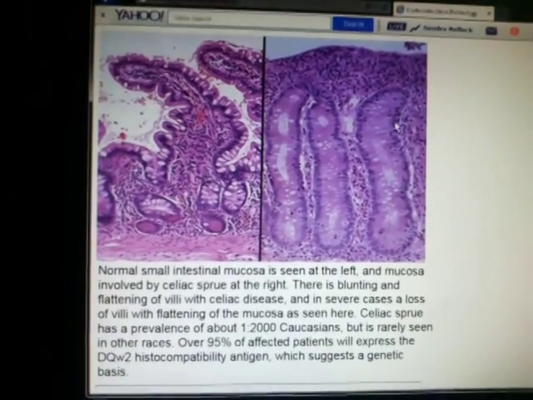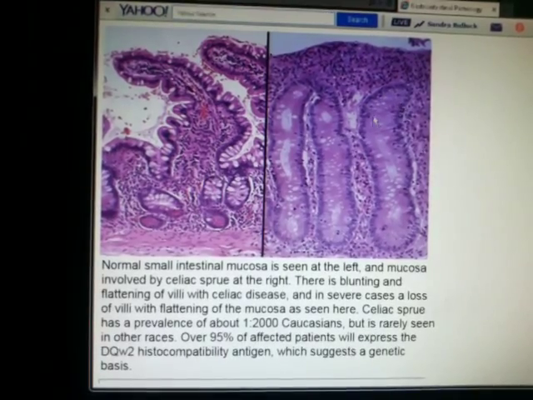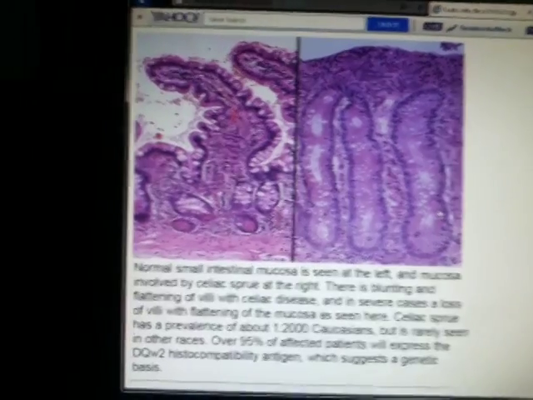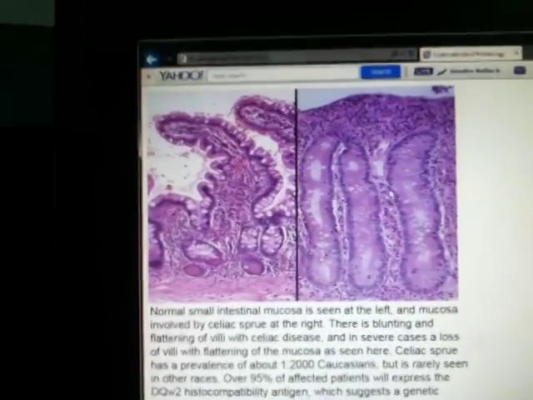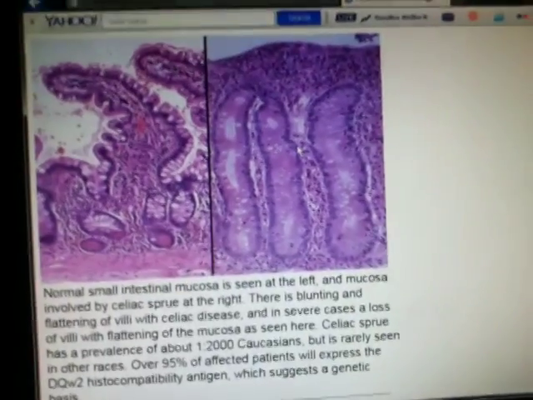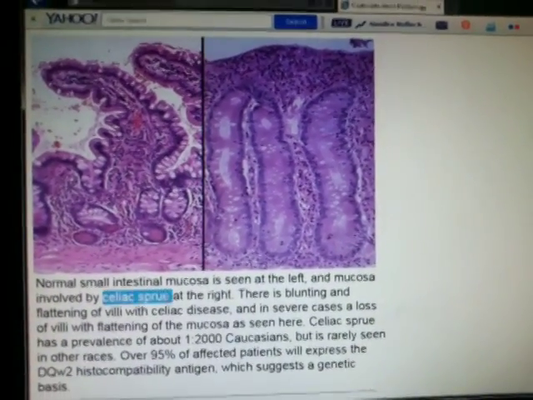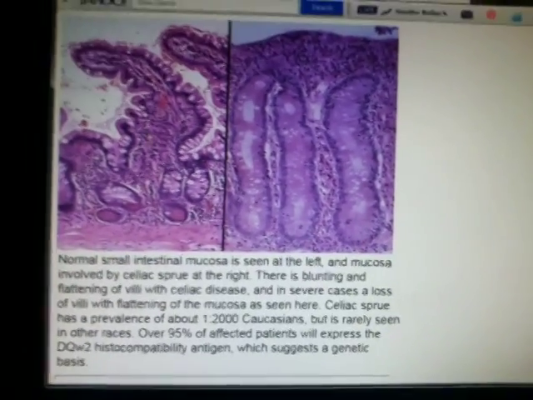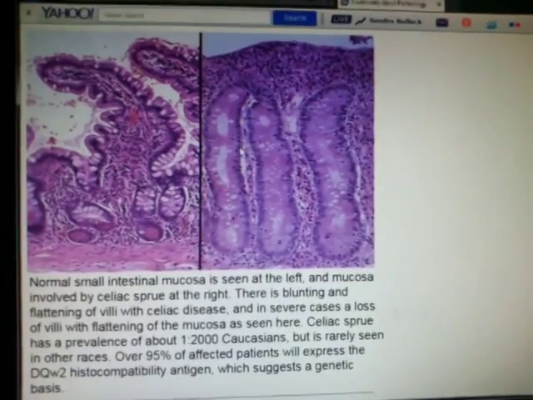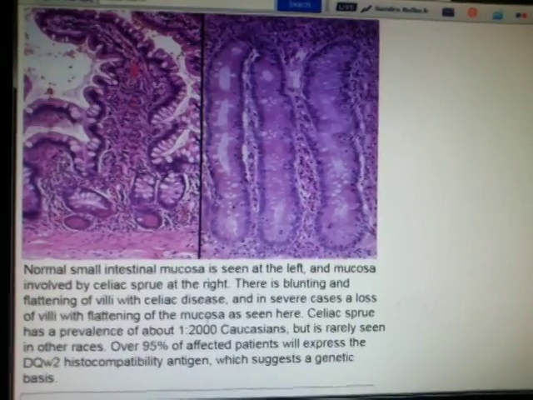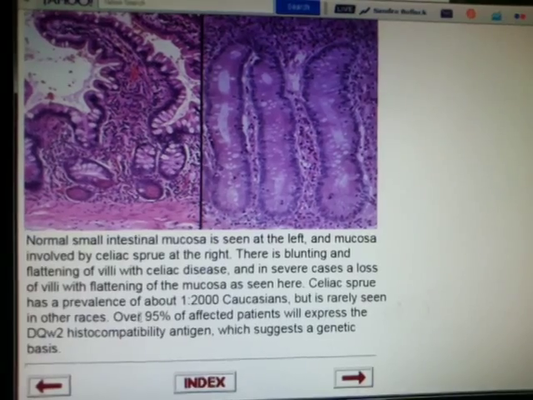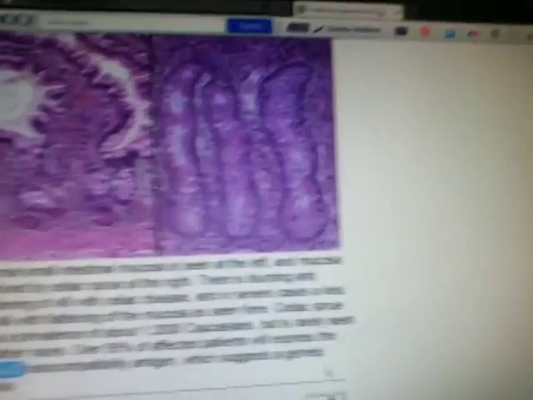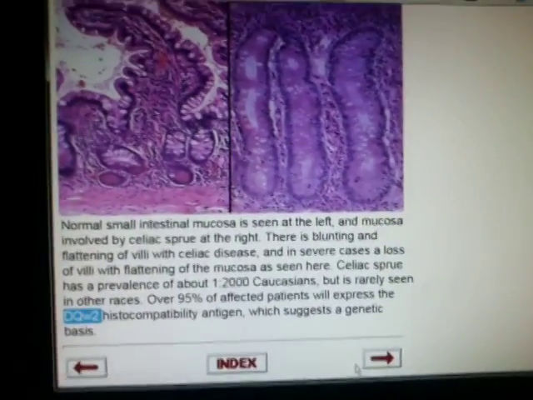As you can see, these are the epithelial cells, and there are increased lymphocytes inside the epithelium, which we call intraepithelial lymphocytosis. So there are two microscopic signs in celiac disease. The first is the effacement or sloughing of the villus architecture, and the other is an increase in intraepithelial lymphocytes. 95% of these patients have the histocompatibility antigen HLA-DQ2.